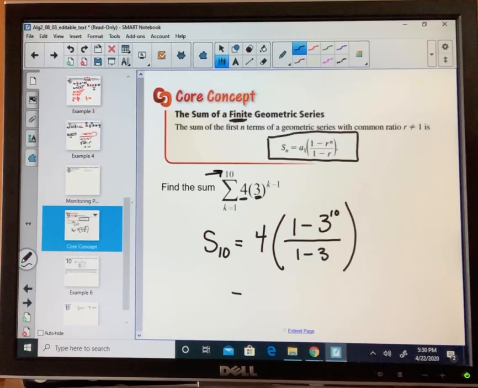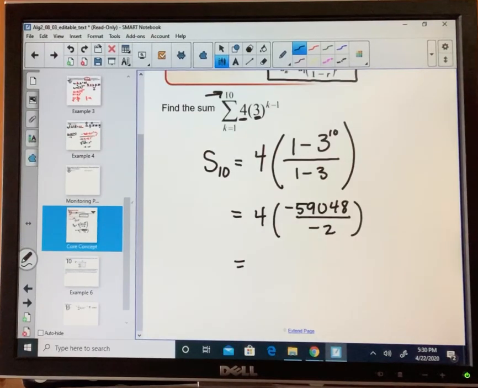Okay, so now I can simplify this. Clear this. 1 minus 3 to the power of 10 is negative 59048. 1 minus 3 is negative 2. Negative divided by negative is a positive.